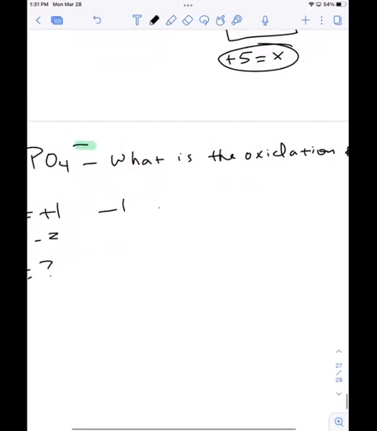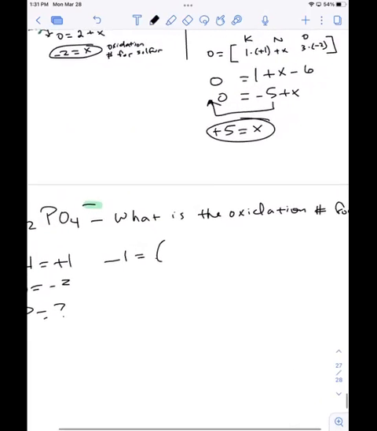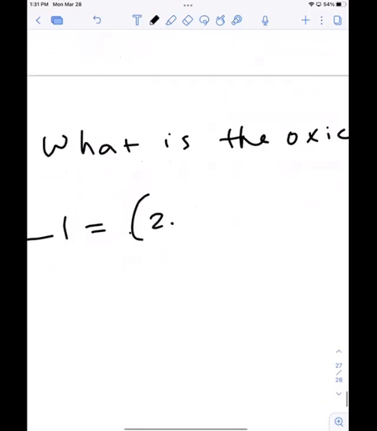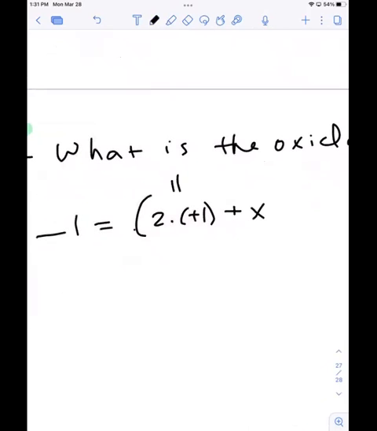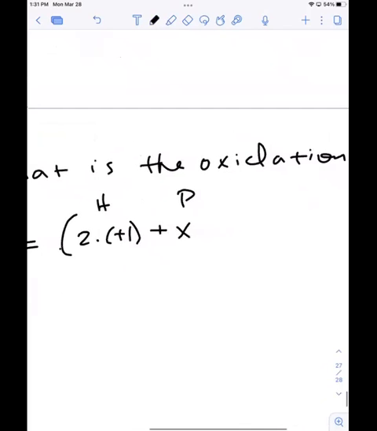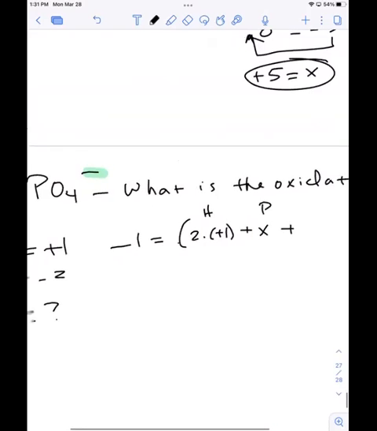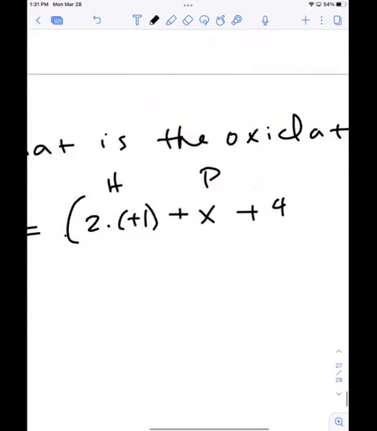So -1 equals, for hydrogen, 2 times +1, plus X for P, plus 4 times -2 for oxygen.